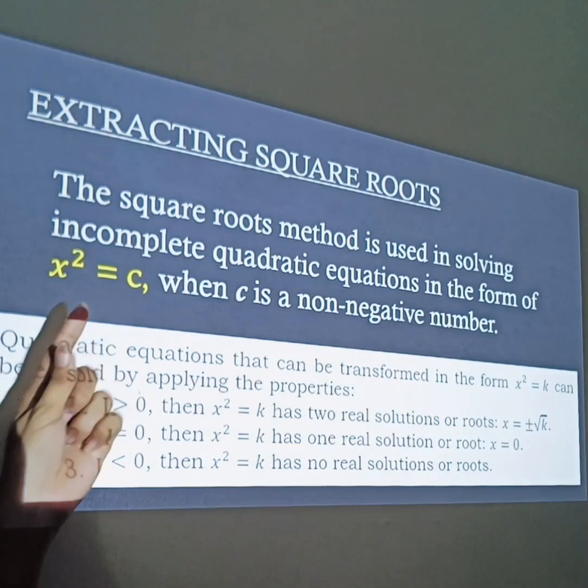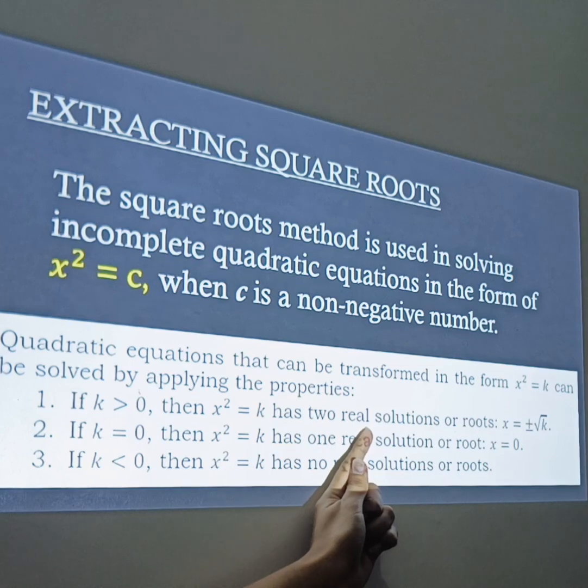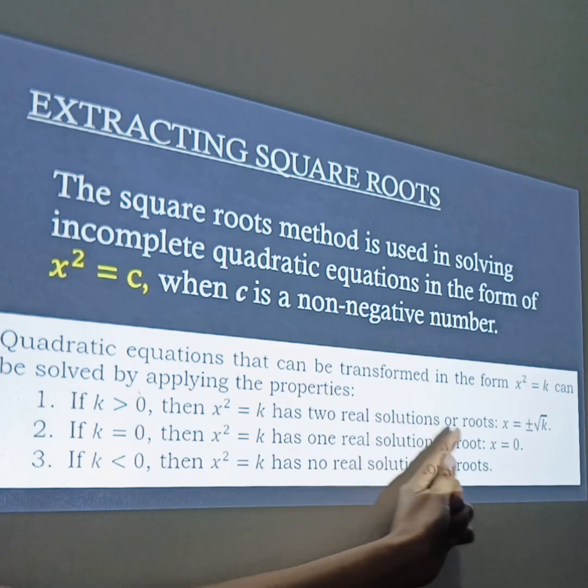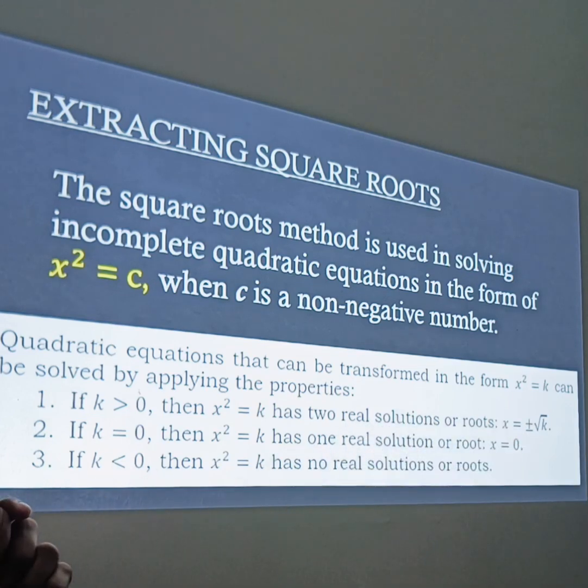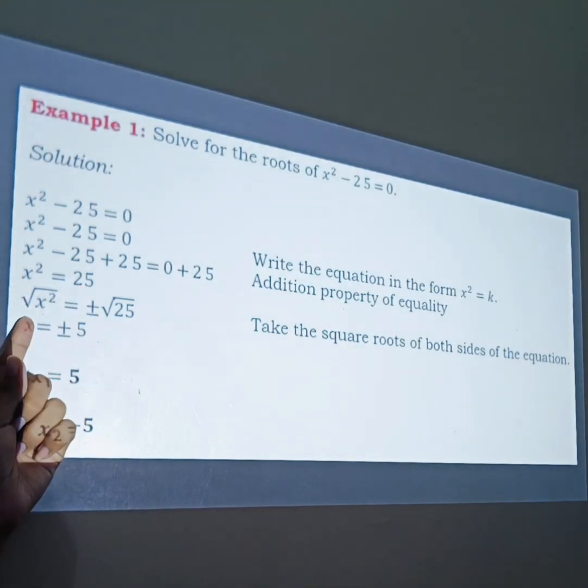And going back, if k is greater than 0, then our solutions will be either positive or negative. Since our k is greater than 0, we will have two real solutions or two roots.